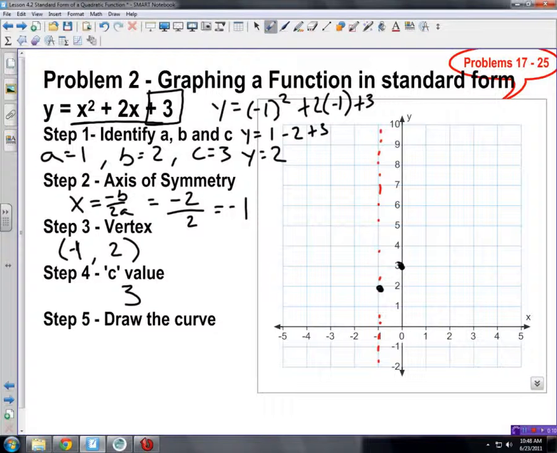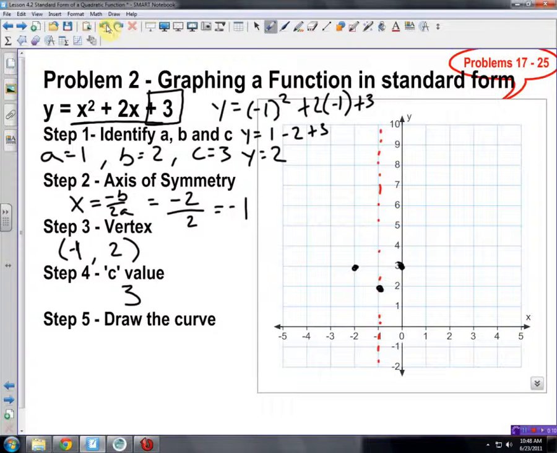Now, here's where standard form gets to be pretty nice, because these are symmetrical. I know that that point is also going to be on the line. See how it's 1 over and 1 up, 1 over and 1 up from the vertex.